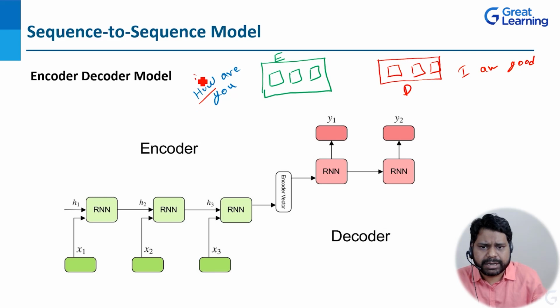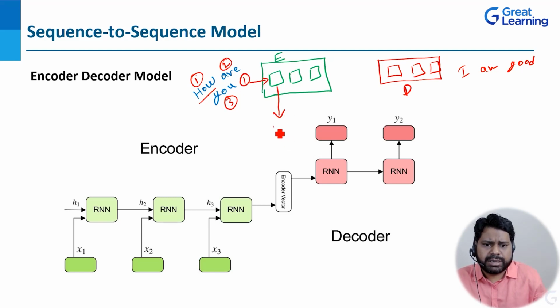I'll just mark it 1, this as 2, this as 3. The moment 1 goes in, H1 is generated, that is hidden state 1. Then this will go to the model, as shown in the picture.